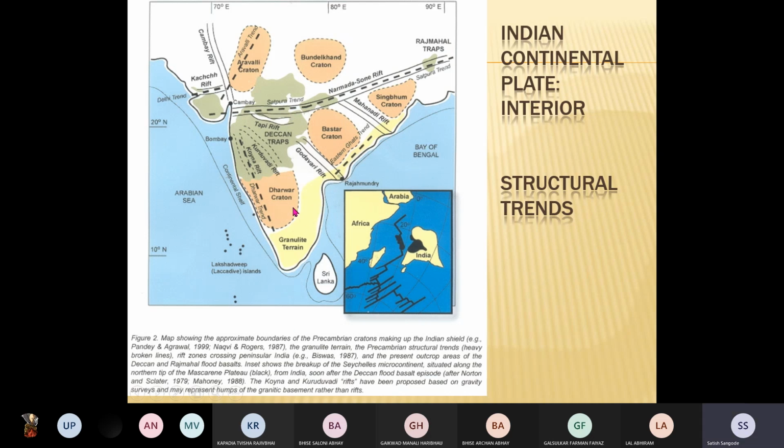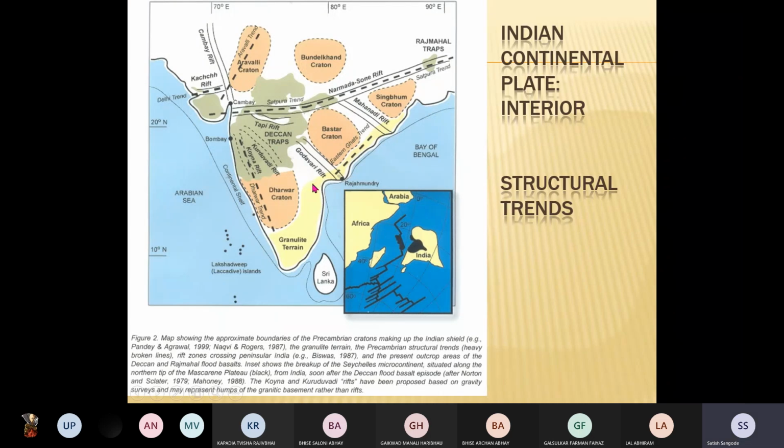And the southern part is called the granulitic terrain. It has a very good boundary with the Dharwar Craton. What is that boundary? We generally call this granulitic belt a mobile belt, a granulitic terrain as part of a mobile belt.